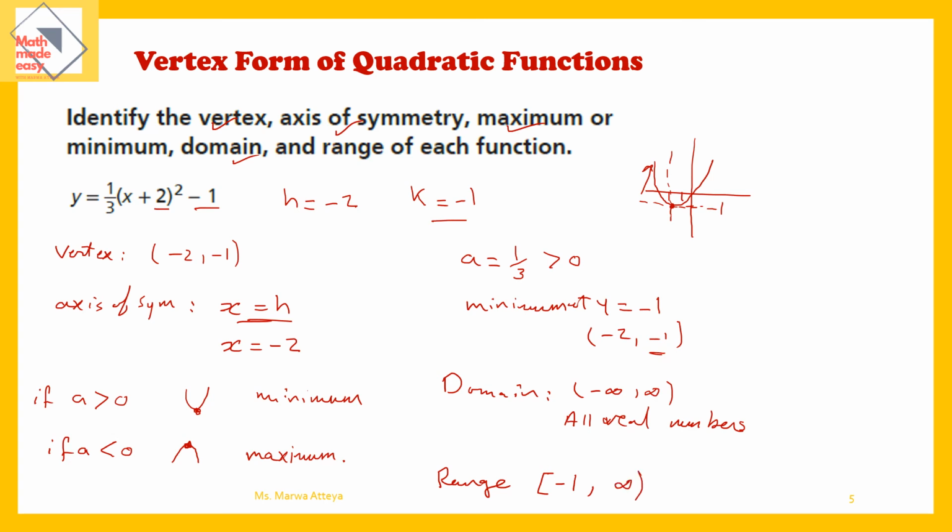Or I can write it as the range is equal to all real numbers that are greater than or equal to k. So the values of y are greater than or equal to -1. Okay, this is my range. If the parabola opened downwards, we start from -infinity until we reach that point. So this was our second example.